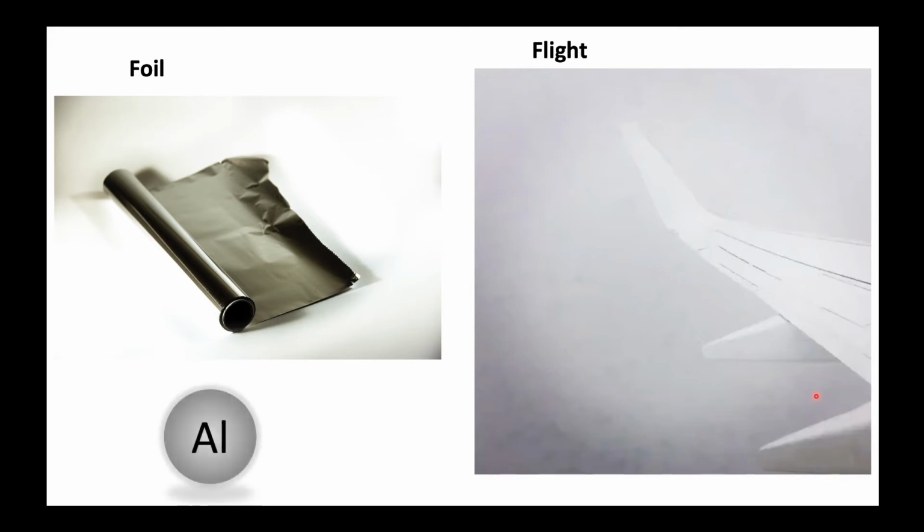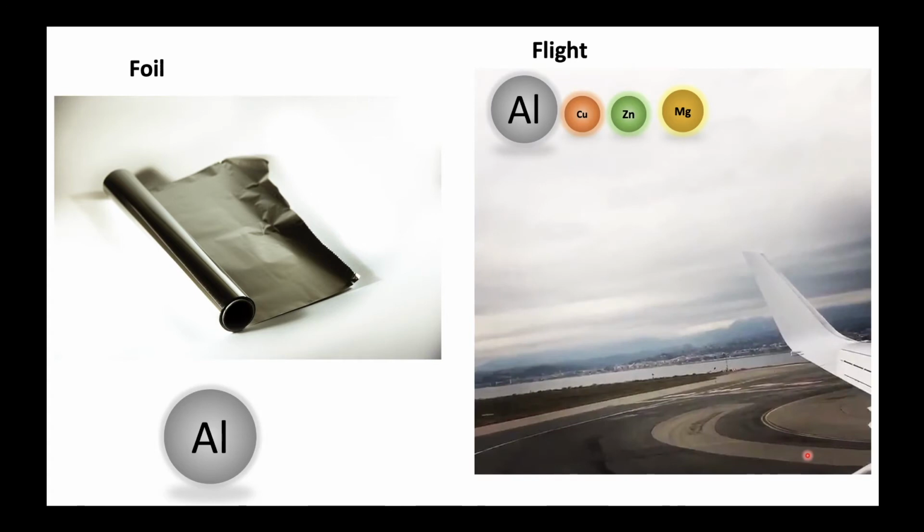But the key difference is that aluminum foil is majorly pure aluminum, whereas in the aeroplane body you have other alloying elements like copper, zinc, magnesium, which allow it to form other strengthening phases inside aluminum so that it is strong enough to fly. So it becomes really obvious that we need to understand the freedom a phase has before it has to change into another phase or cross a phase boundary.